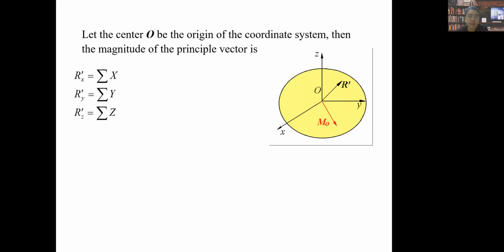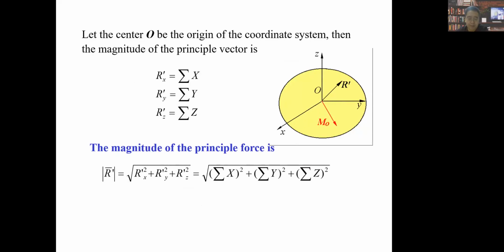And after we review that, we can think about letting the center O be the origin of the coordinate system X, Y, Z. Then the principal vector R prime equals sigma Fi vector. This side is the vector equation, so it can be projected onto 3 axes.